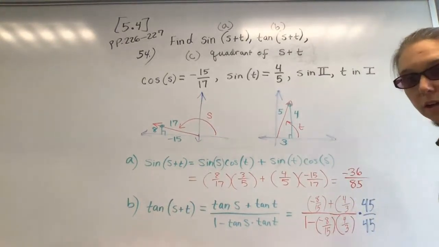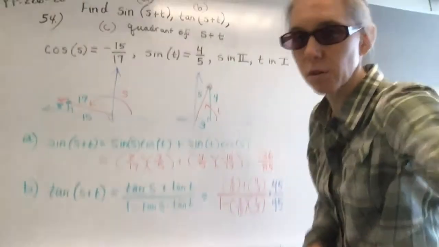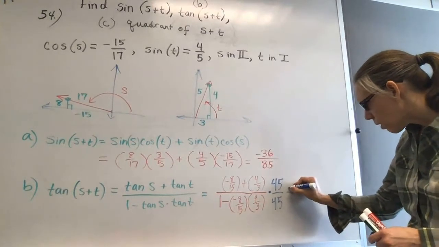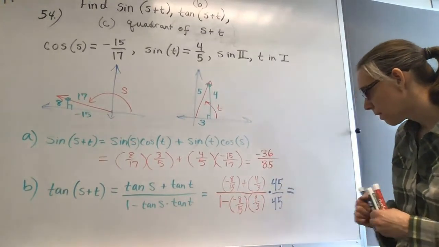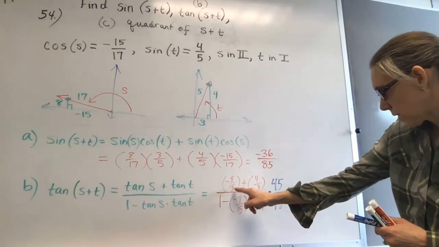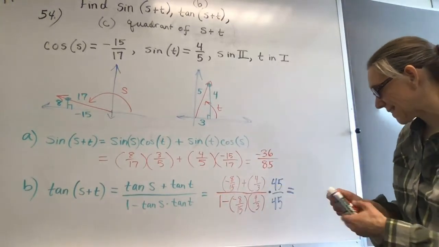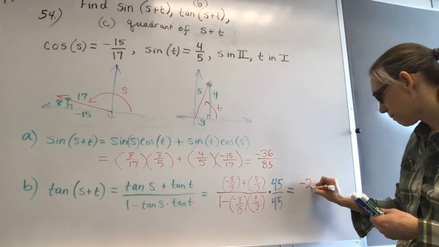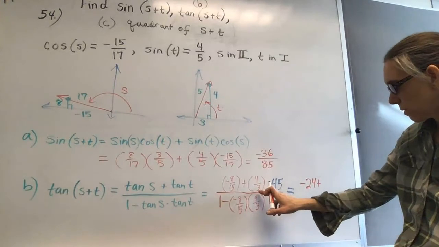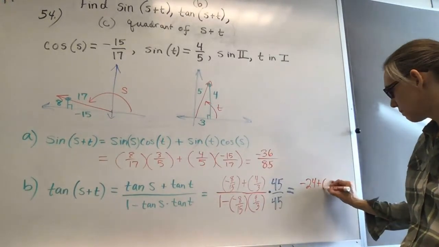So I multiply by 45 over 45. And I'm, of course, in a corner again. You'd think I would learn. Okay. 45 and 15 will cancel, giving me 3 times negative 8 is negative 24. 45 and 3 cancel to give me 15 times 4 is 60.